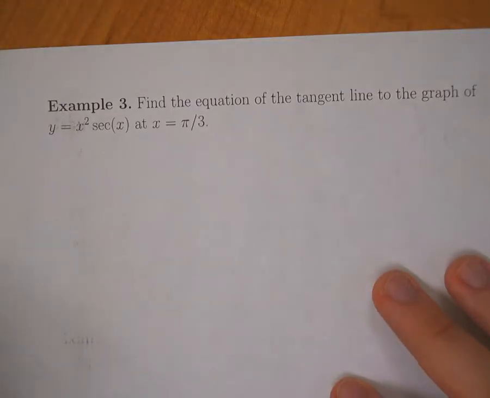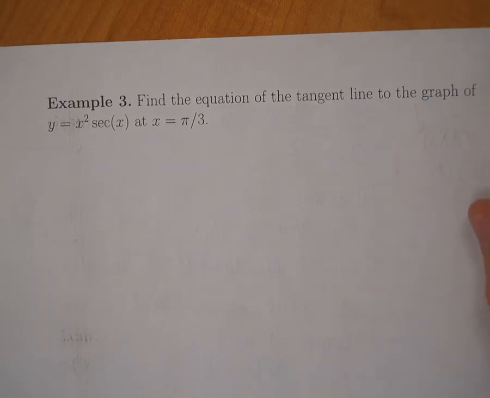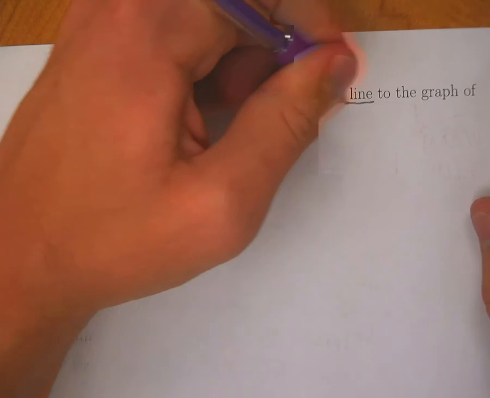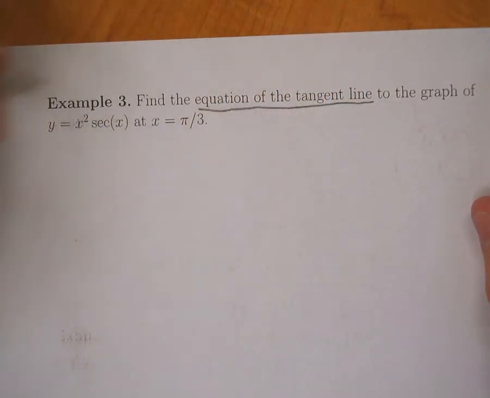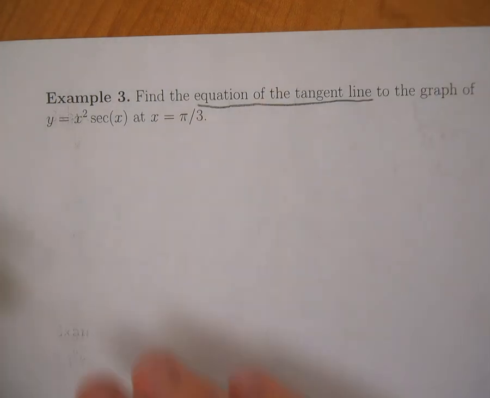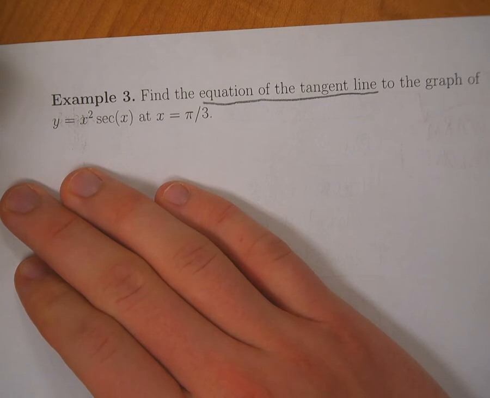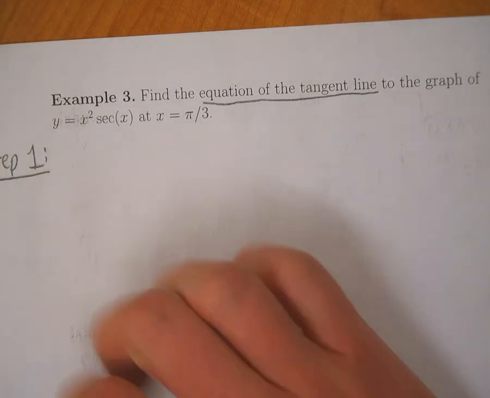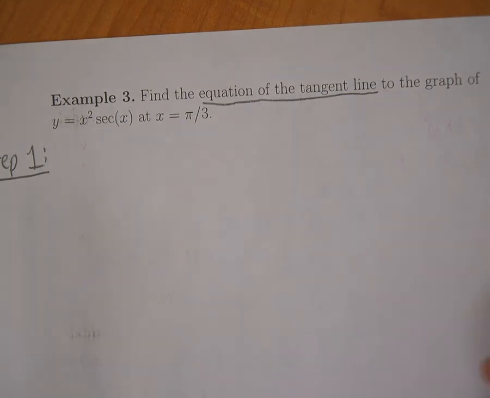Alright, so example 3, now we have to find the equation of the tangent line. In this case, we have to find the equation of the tangent line to the graph of x squared times secant of x at pi over 3. So, as usual, we have to break this up into our usual 3 steps. What is the first step going to be?